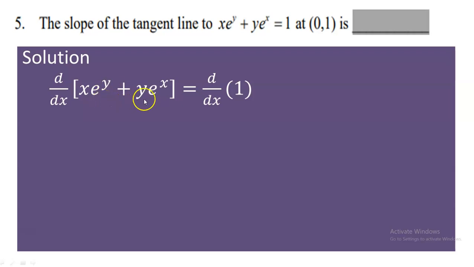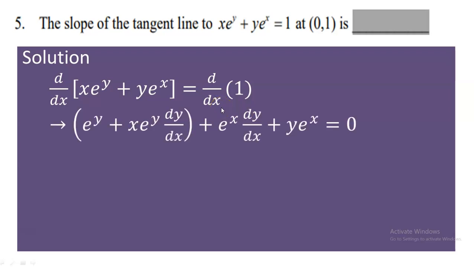You do the same for the other two, but as you come to this side, the derivative of the constant 1 is 0, so clearly this goes to 0. Look, the derivative of the first term, x times e to the power of y, is the expression inside this bracket. The derivative of x with respect to x is 1, and 1 times e to the power of y is e to the power of y.